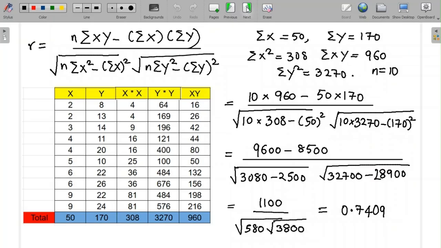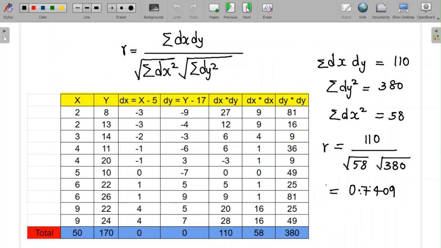That's what we found. Or if you would like to simplify your calculation, you can try finding the average values of x and y. Here, the average of x is 50 by 10, which is 5. The average of y is 170 by 10, which is 17. So we find the deviations from these averages, denote them by dx and dy, find the squares of dx and dy, and find the product of dx and dy.